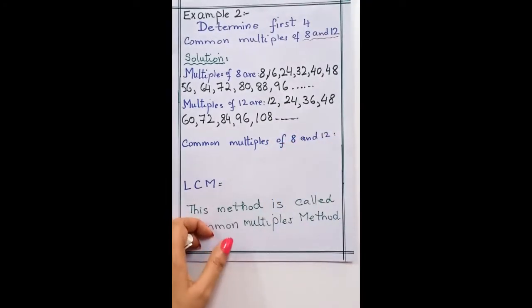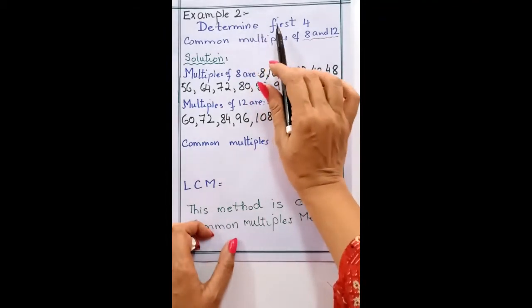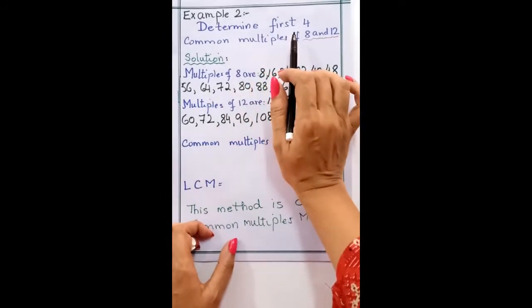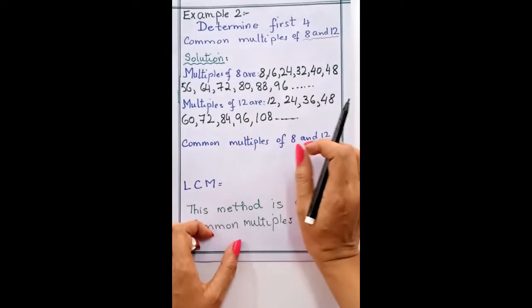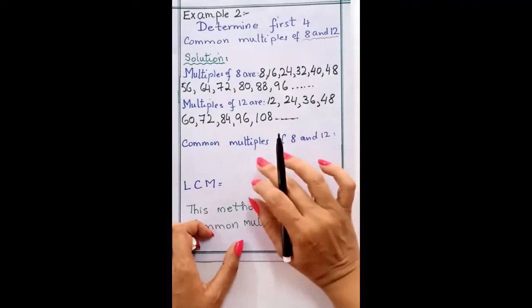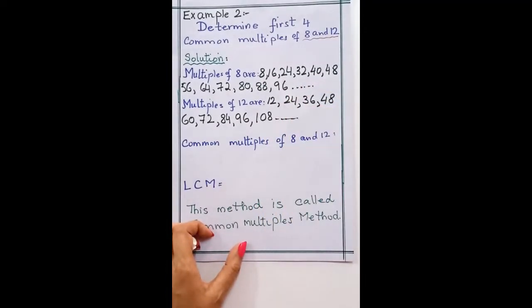So students, our target is to determine first 4 common multiples. So we have to find first 4 common multiples from all these multiples of 8 and 12.